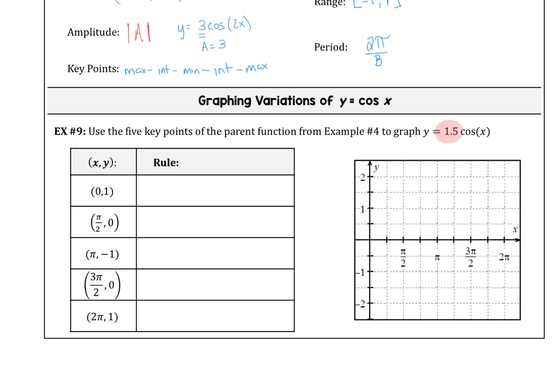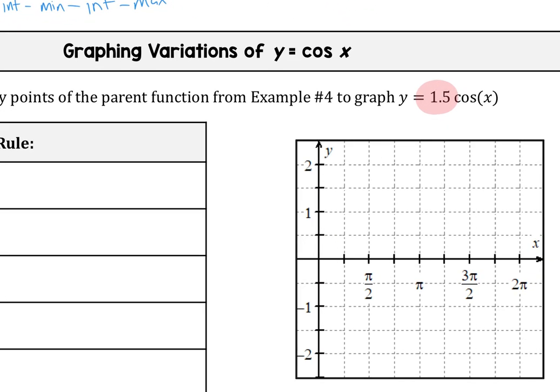What that means is that our function will actually go from 1.5 to -1.5. So if you talk about what transformation just happened here, this is really a vertical dilation of 1.5.